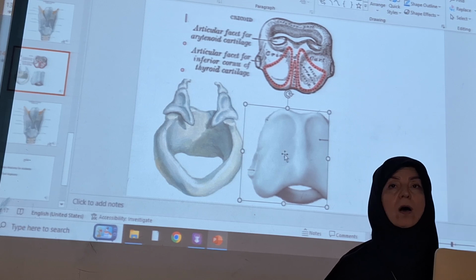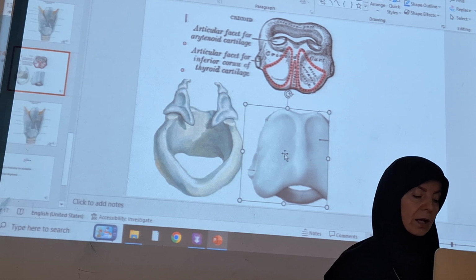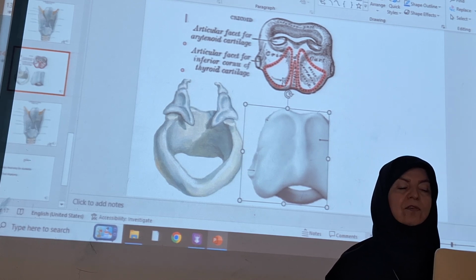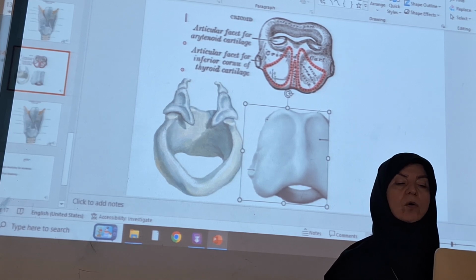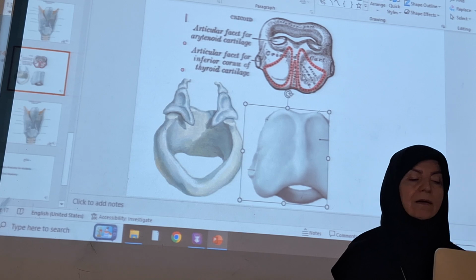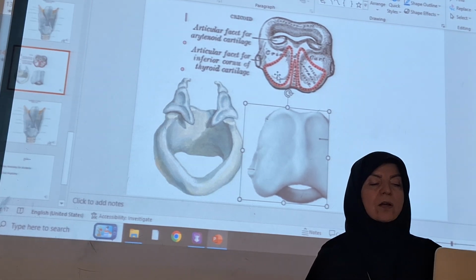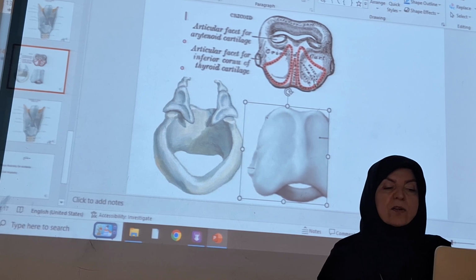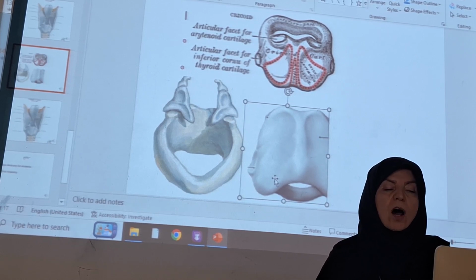We can call lateral cricoarytenoid muscle, posterior cricoarytenoid muscle. We call this the posterior cricoarytenoid muscle. So the posterior cricoarytenoid muscle attaches to the lamina of the cricoid.